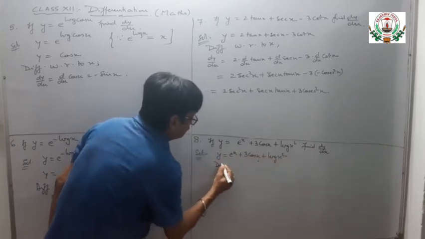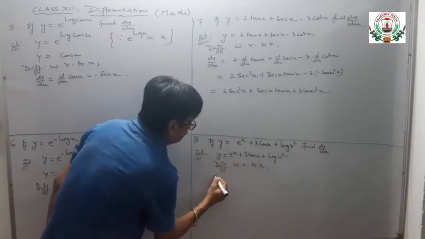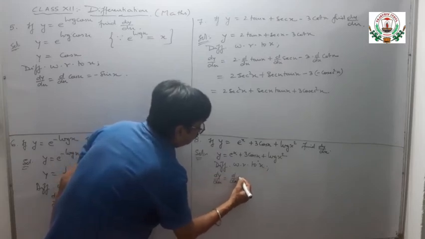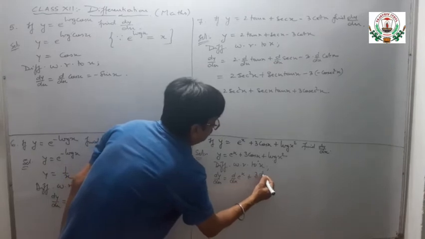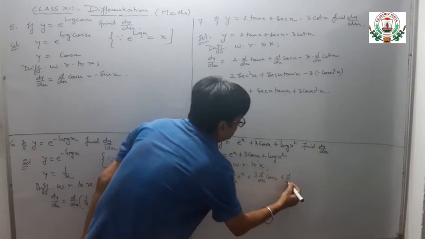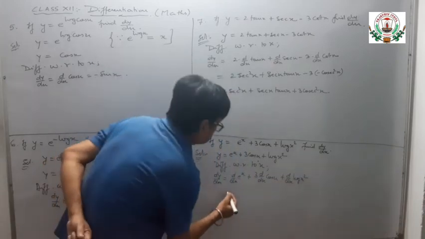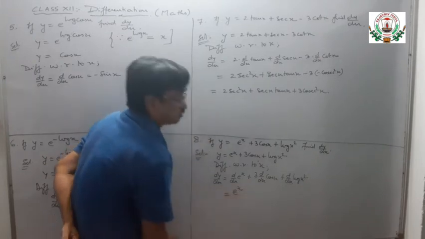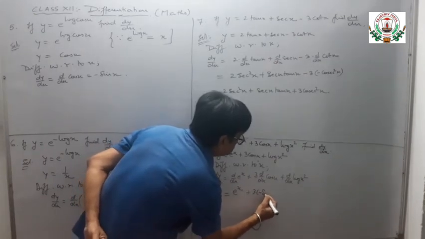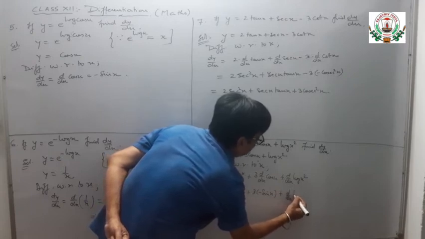So differentiating with respect to x, we have dy by dx is equal to d by dx of e to the power x plus 3 into d by dx of cos x plus d by dx of log of x square. Differentiation of the exponential function is e to the power x, differentiation of cos x is minus sin x, and d by dx of log x square.